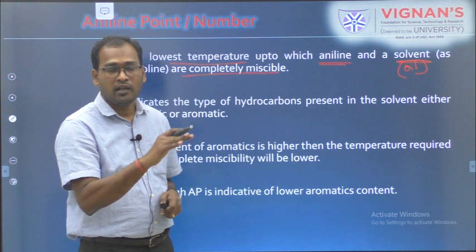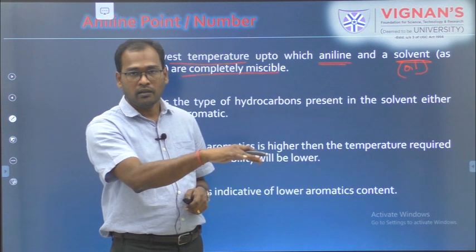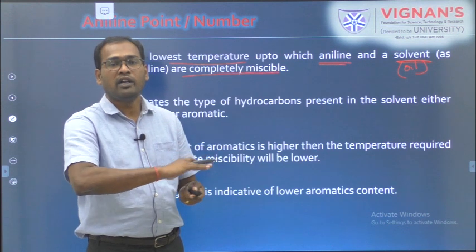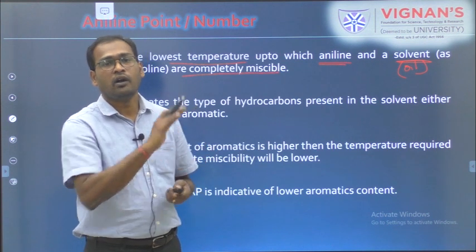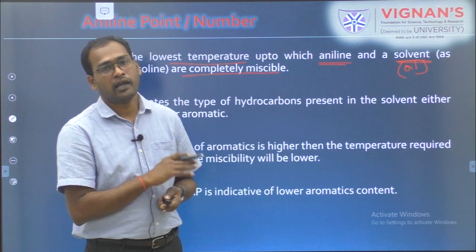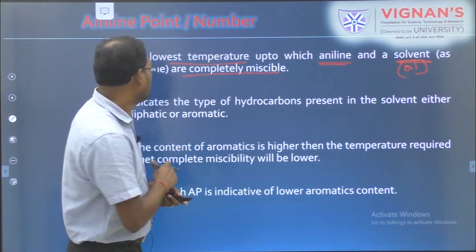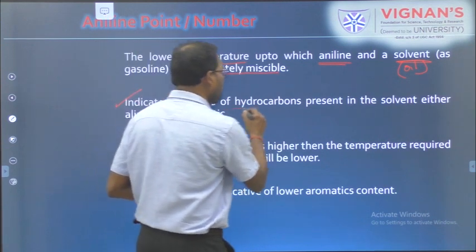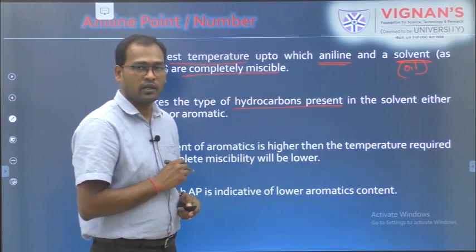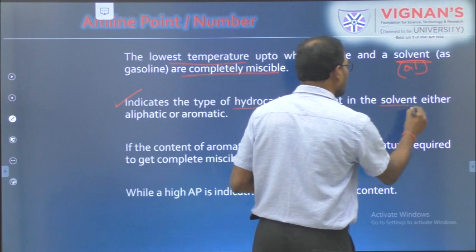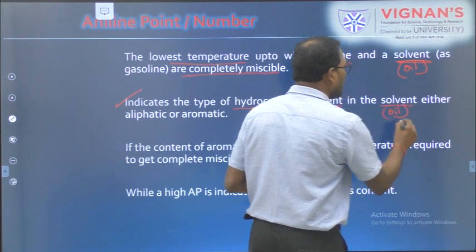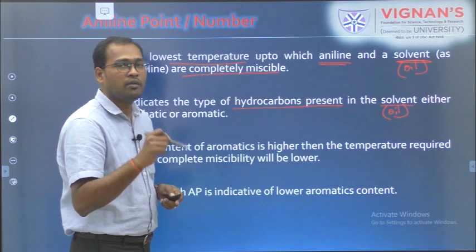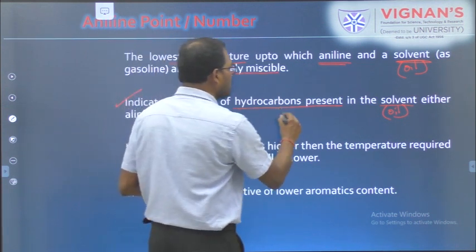The temperature up to which aniline and your oil stay in a uniform or homogeneous phase is called the aniline point or aniline number. This indicates the type of hydrocarbon present in the system. The solvent here is nothing but your oil or the lubricant, whatever you take.